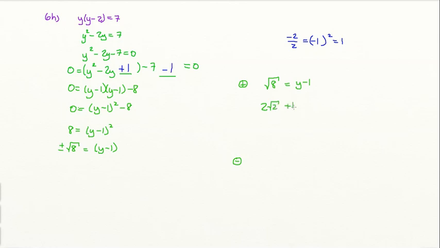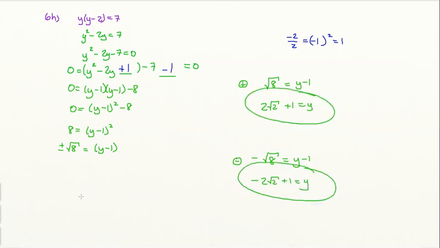Add 1 to both sides. Our negative answer. So those are our two answers. We could also write our answer as y equals plus or minus 2 root 2 plus 1.